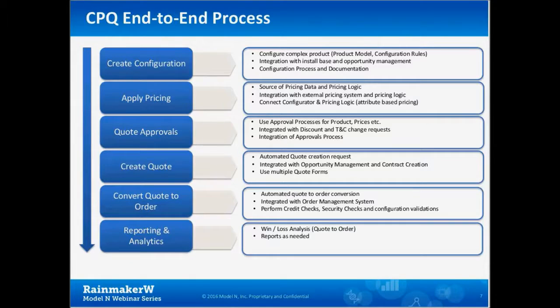It doesn't have to be a complex product, but otherwise it wouldn't make sense to use a CPQ tool, right? So you have complex products. They have different features, different feature values, and you want to configure them. When you create these products, you might want to take into account which products you already bought before, which is referred to in this slide as install base.